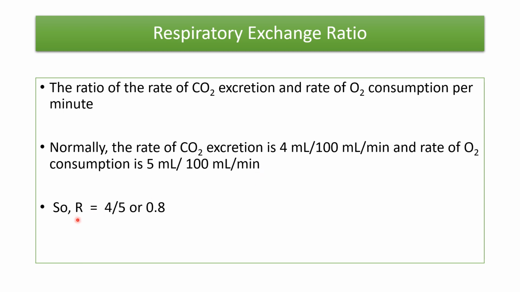That gives 4 divided by 5, or 0.8. So the respiratory exchange ratio for a person on a normal diet consuming average amounts of carbohydrates, fats and proteins would be 0.8, and some of the books say 0.825.